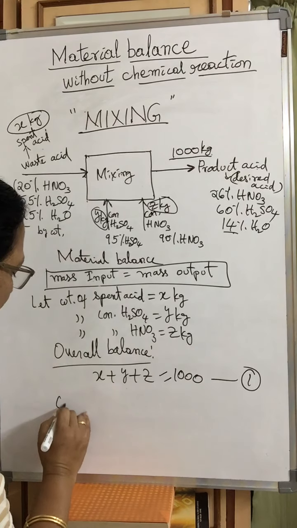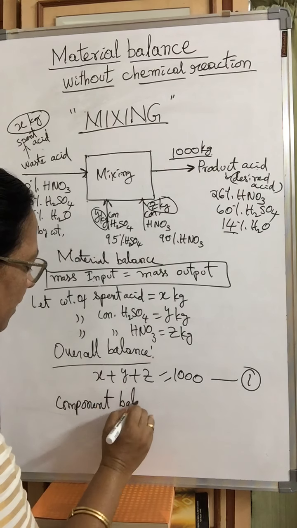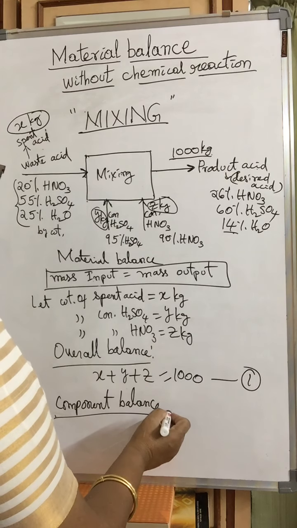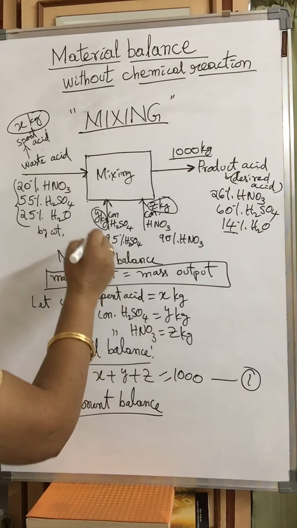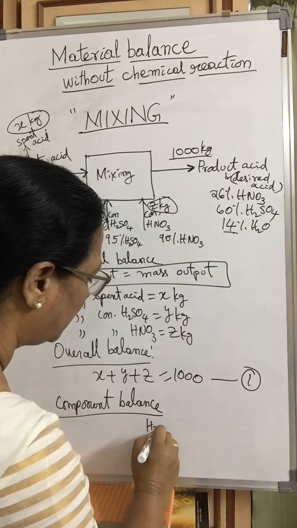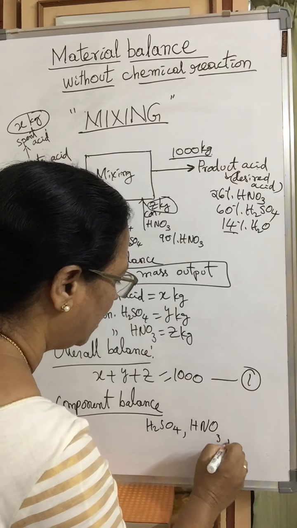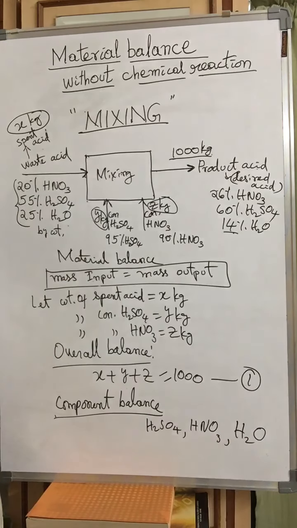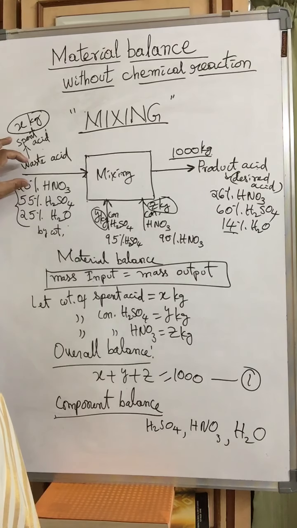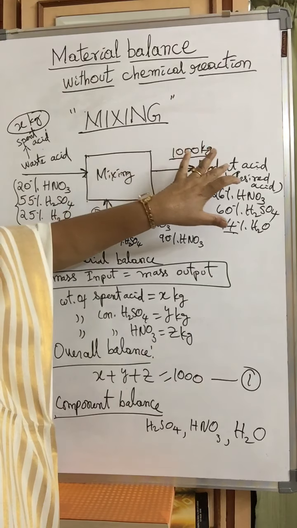Next is the component balance. How many components are there? 3 components we can say: HNO3, H2SO4 and water. So for each component you can write the balance separately. That means how much H2SO4 is entering in total, and how much H2SO4 is leaving.